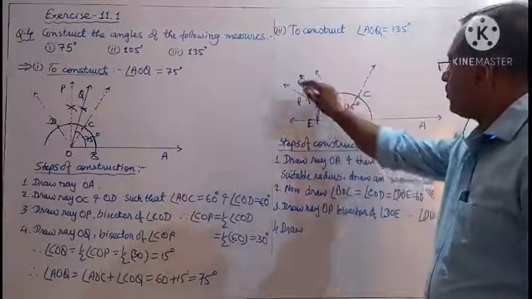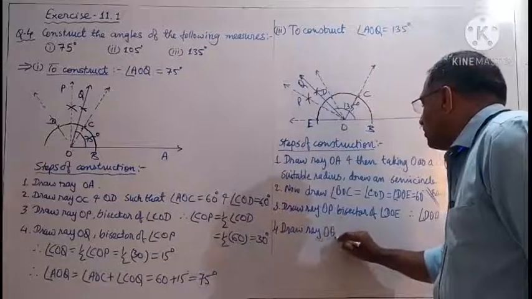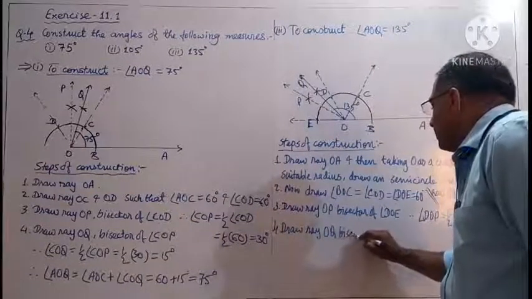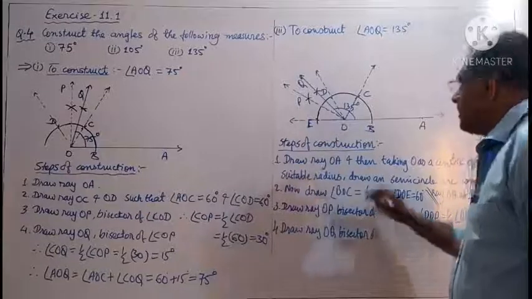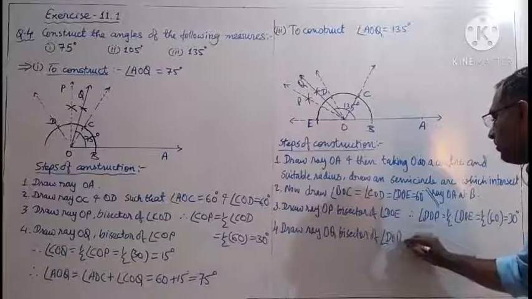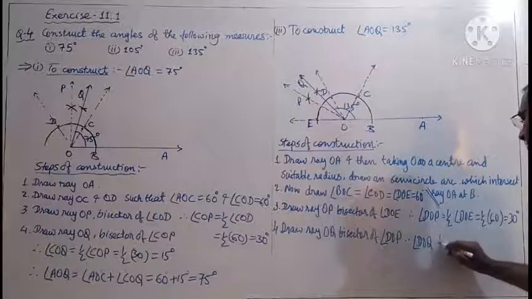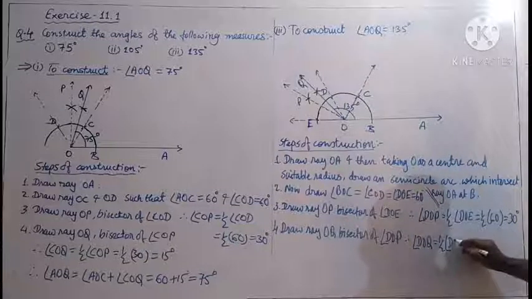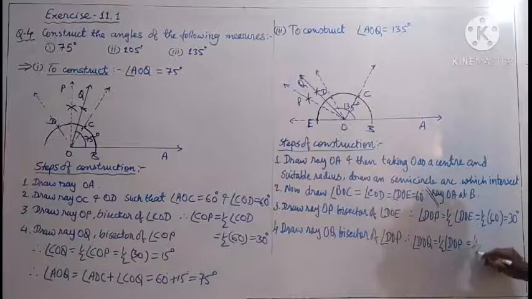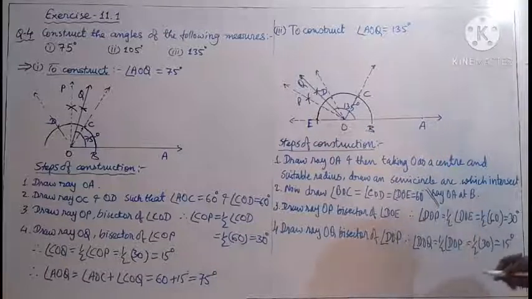So now again draw a bisector. Draw ray OQ, that is the bisector of angle DOP, and therefore angle DOQ is equal to half of angle DOP, that is half of 30 degrees, which is equal to 15 degrees.